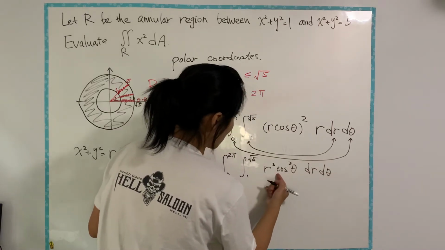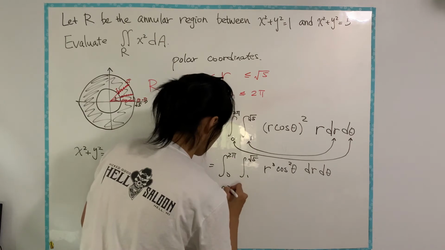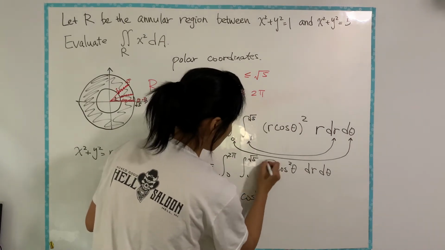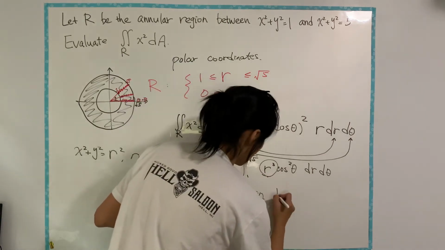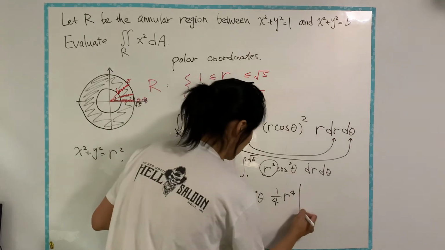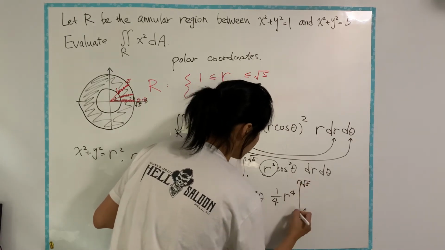To r, the cosine theta is a constant. Ignore that for the second. Find the antiderivative of r cubed. So this is 1 over 4 r to the power 4 with lower bound 1 and upper bound root 5.